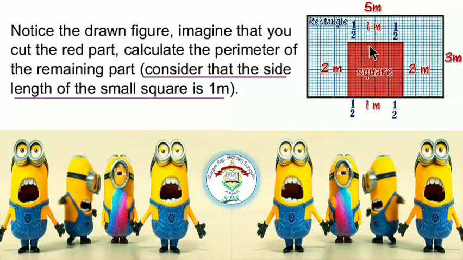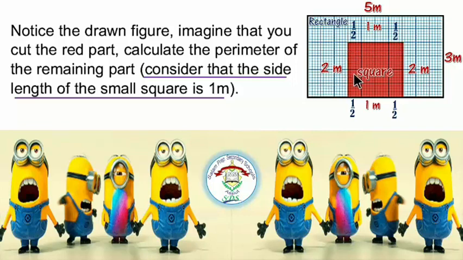The upper side, please take care. This is 1 meter. The left part is half a meter. The right part is half a meter. Half and half equals 1 meter. So 1 meter plus 1 meter, the length of this side is 2 meters.